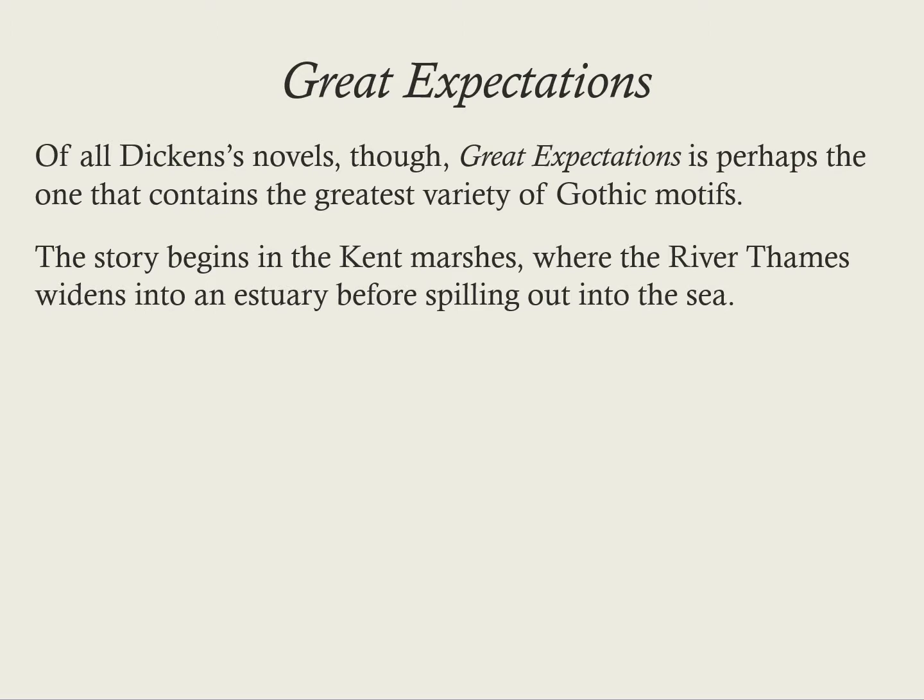Pip is out in that countryside. He's going to put some flowers by the grave of his mother and father. He's a little boy, and he runs past the gallows on his way to the church.